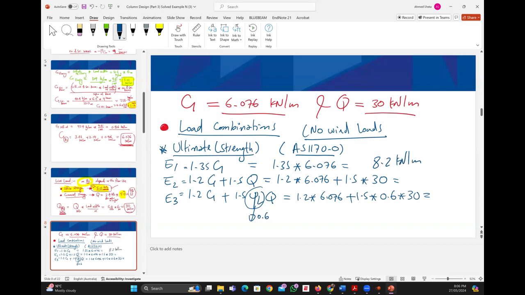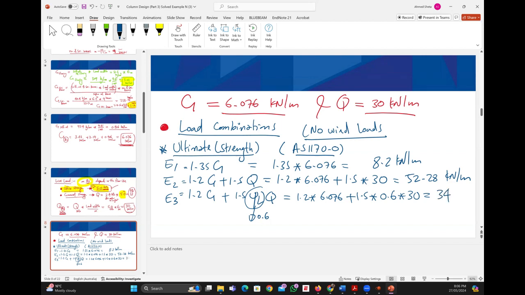The next one, this one, 52.28. The third one will be 34.28.